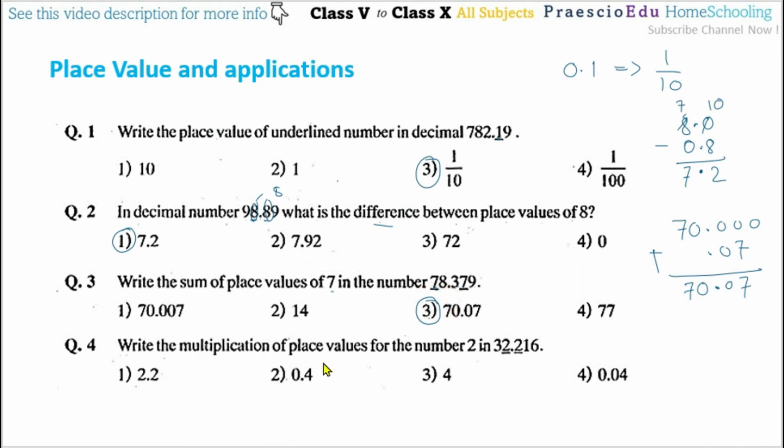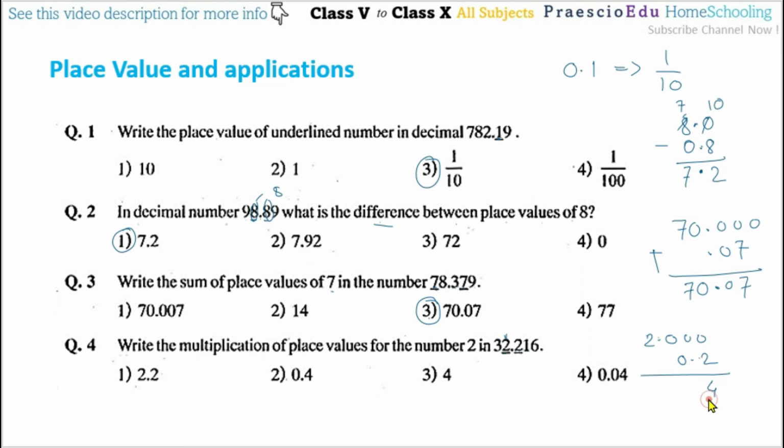Write the multiplication of place values of the number 2. So here 32.216 and 2 is here. First 2 means integer 2.000, 3 digits. So just for understanding purposes, 30 maintain, or you can write down only the 2 also. Then here 0.2. So multiplication of this, 2 multiplied by 2 is 4, and after this one the 0.